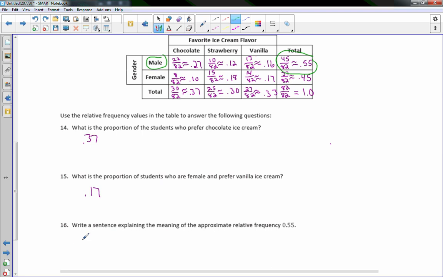So you would say approximately, it is not exact, 55% of students responding to the survey are male.